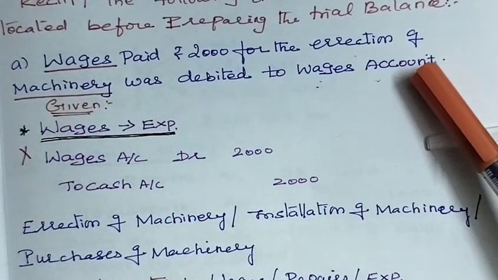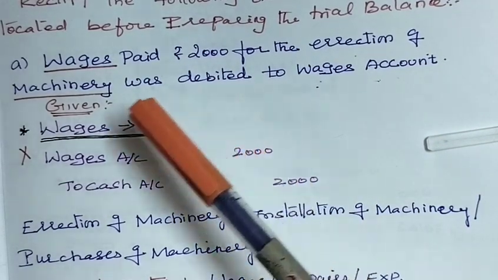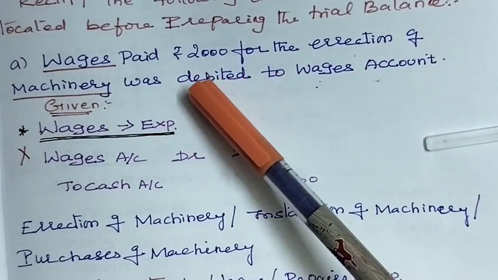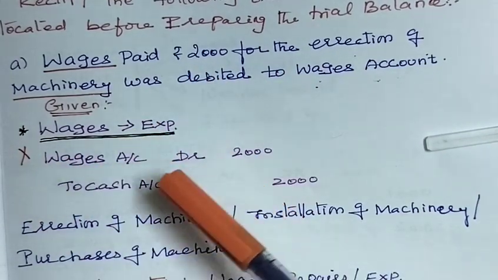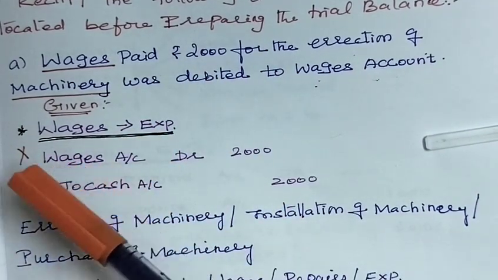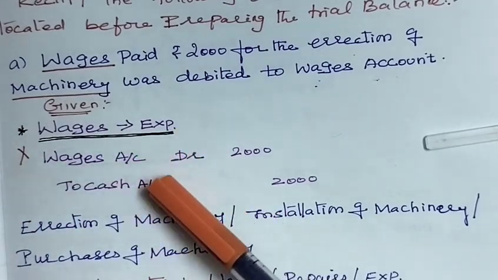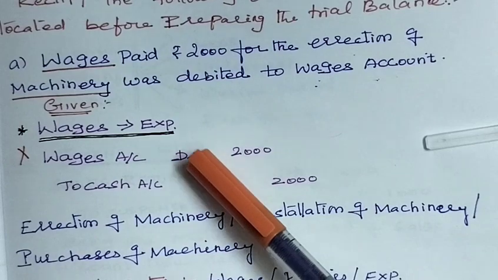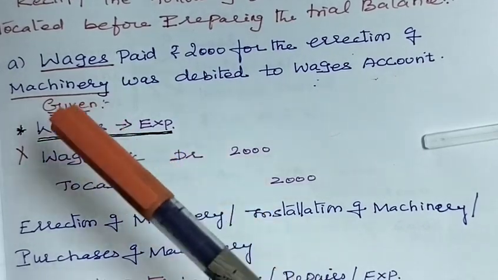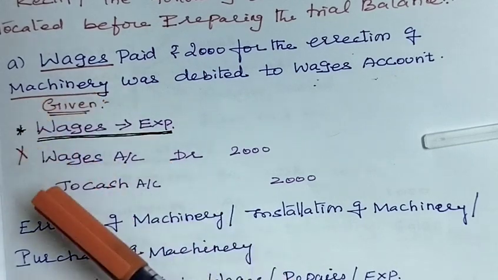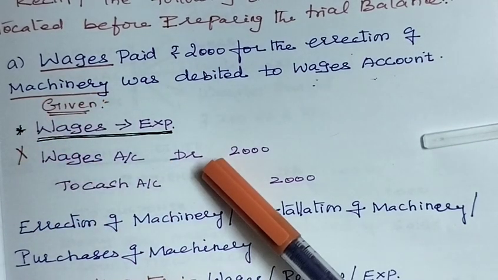Wages account was debited instead of machinery. So wages account was debited, and this is the wrong answer. This is the error. Instead of machinery, they debited the wages.